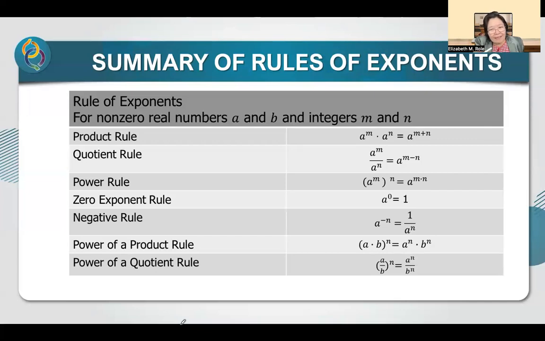Zero exponent: anything raised to the zero is equal to 1. Negative exponent: a to the negative n is 1 over a to the n. If you have a product raised to a power, that power can be distributed to each of those values, so a times b to the n is a to the n times b to the n. And the power of a quotient rule: a over b raised to the n is just a to the n over b to the n.